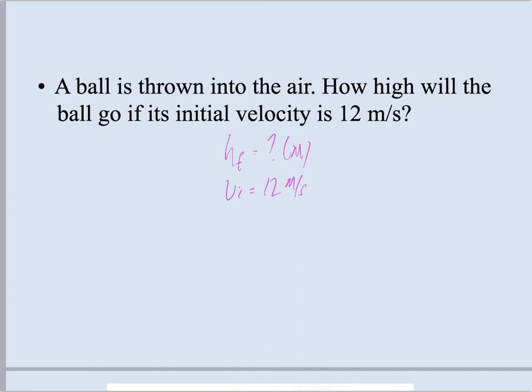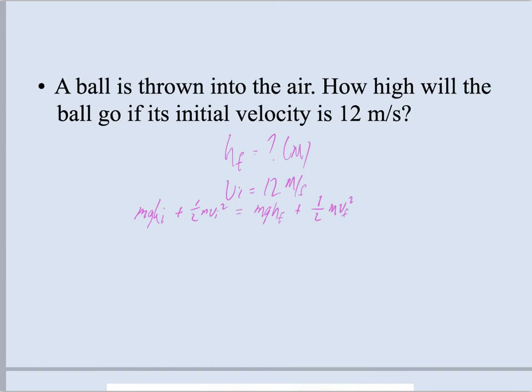Remember, our initial potential energy would be MGHI plus our initial kinetic energy would be 1/2 mvi squared equals the final potential energy. The final potential energy would be mgh final plus the final kinetic energy. And that would be 1/2 mv squared final.